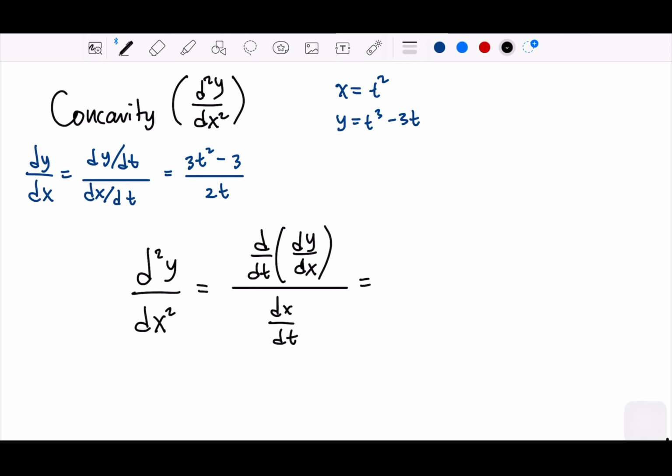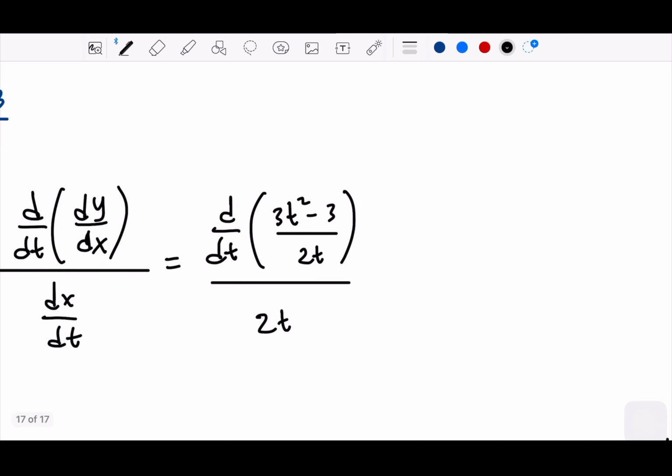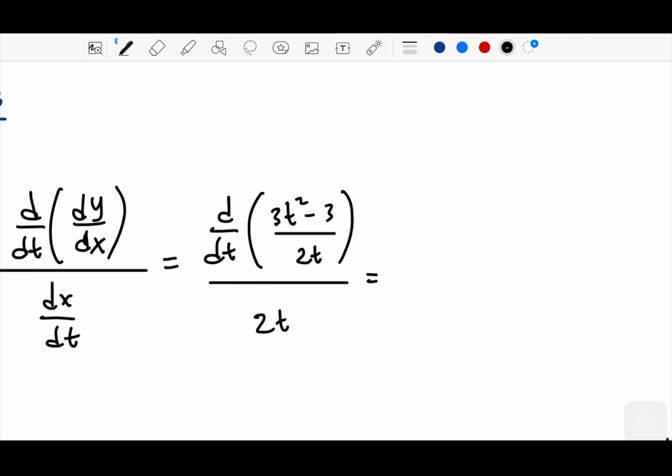So d/dt of (3t squared minus 3) over 2t. So we need to differentiate this one first. I think I will just take the quotient rule directly.